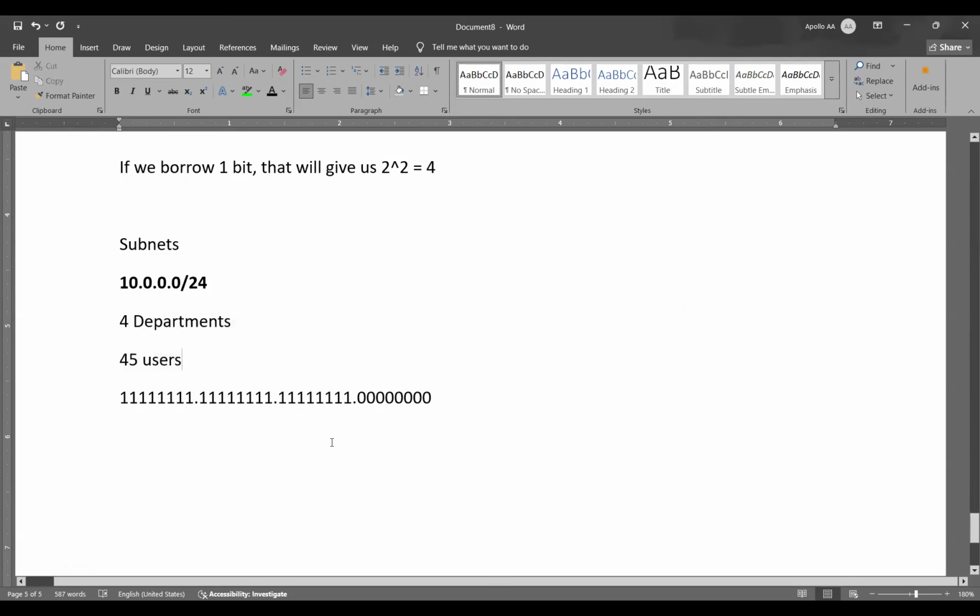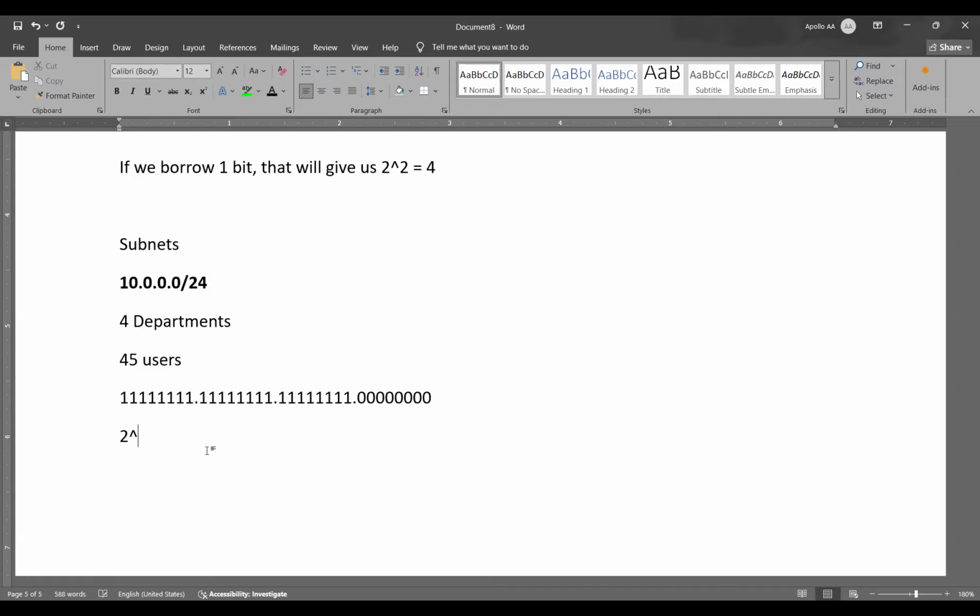Remember, we need to have at least 4 departments and at least 45 users. So how many host bits will give us at least 45 IP addresses? What is 2 raised to power 1 minus 2? That will give you 0.